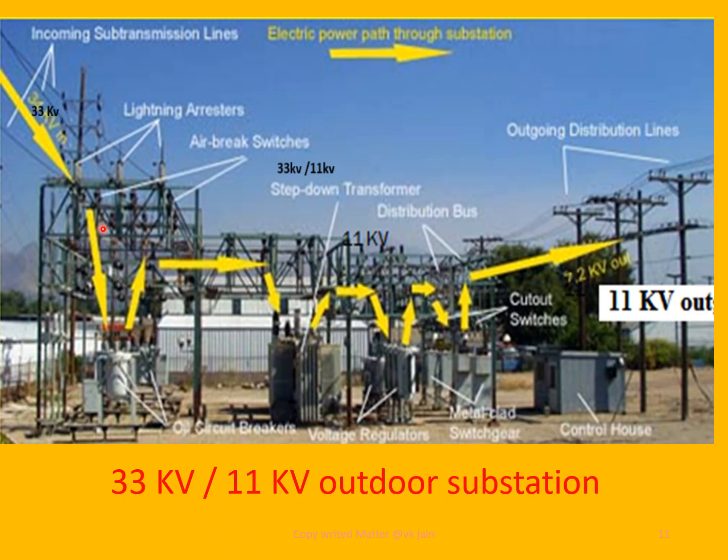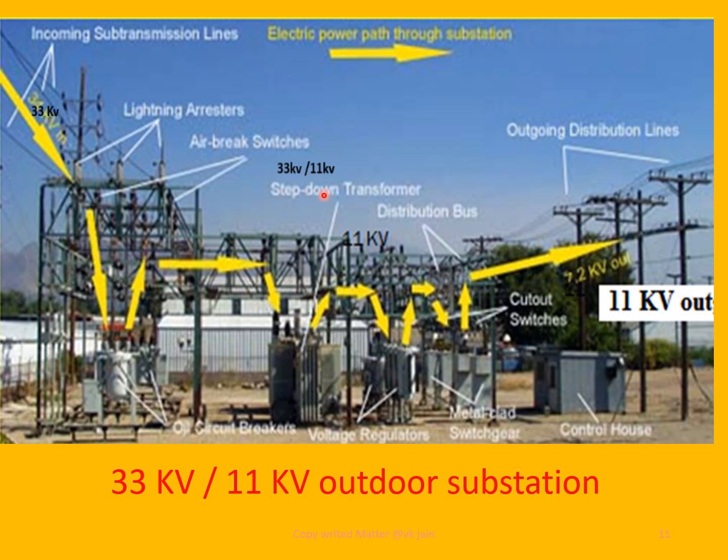We are getting 33 kV power supply and these are the incoming sub-transmission lines, and the lightning arresters are provided here. Three, then air brake switches, which will break off circuit. Air brake switches are operated off circuit, so there is no sparking.